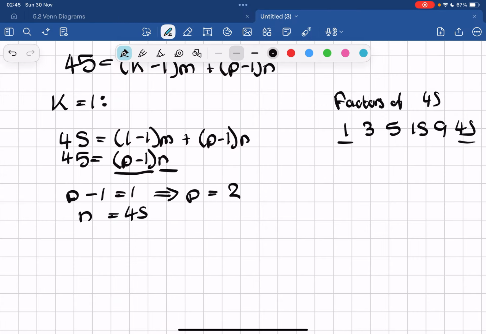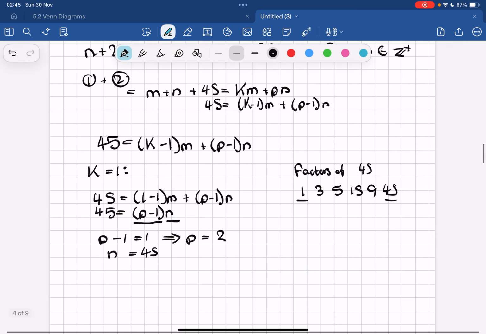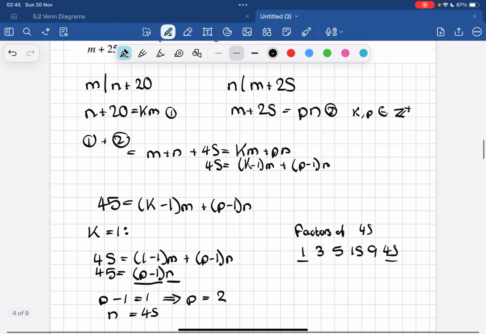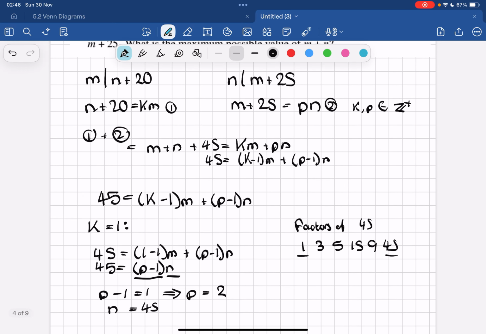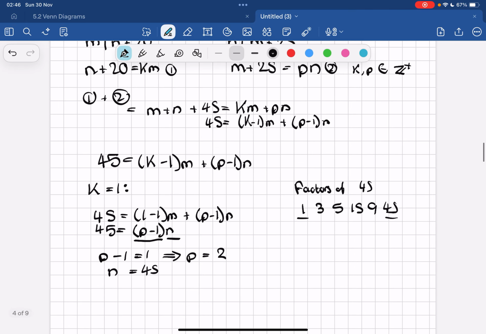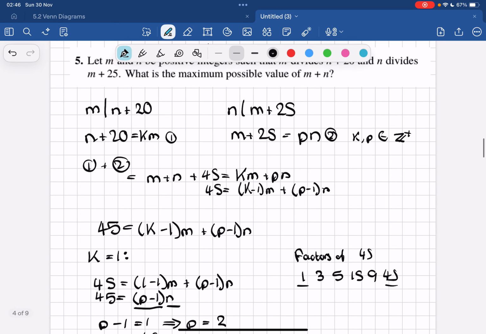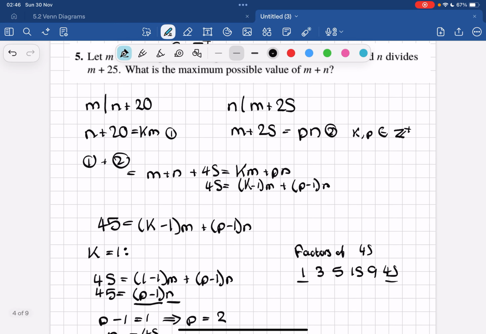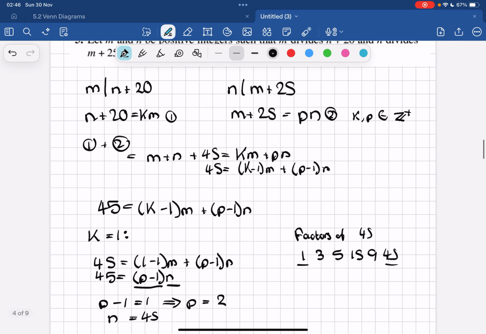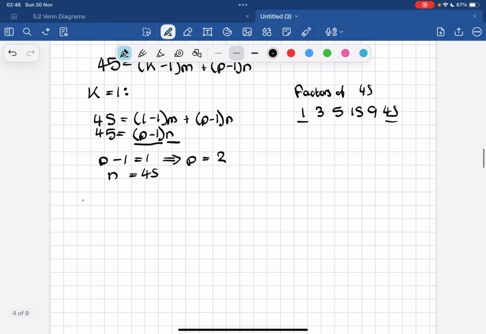Now that we have a value for n, we can sub this back into one of our two original equations. Since we've got k, p and n, it's fine to sub into either, to be fair. So let's take our first one. n plus 20 equals km.